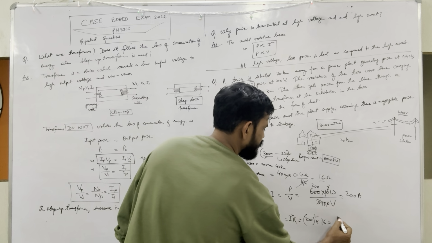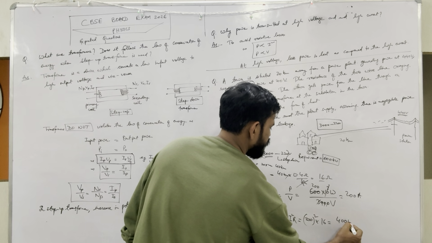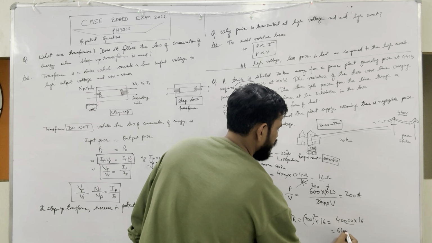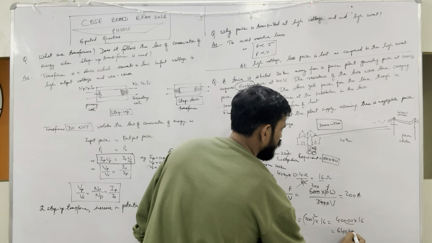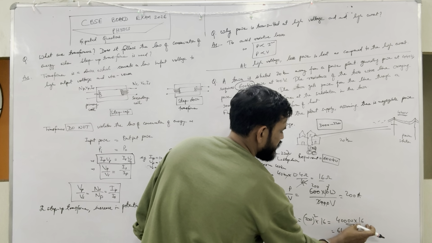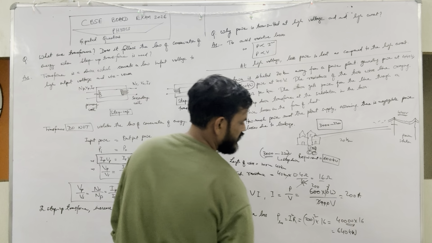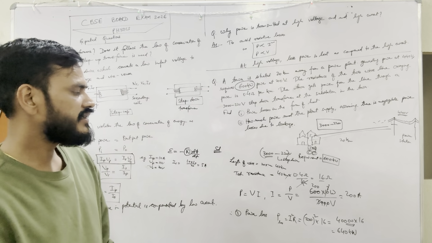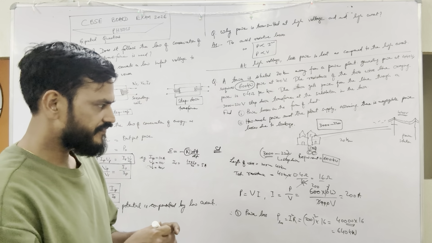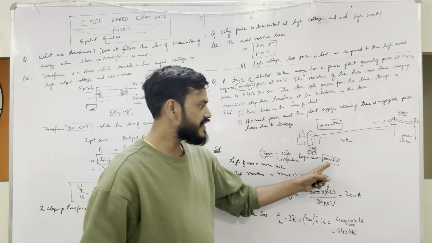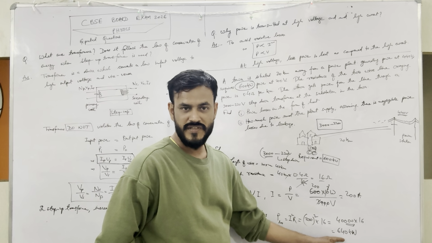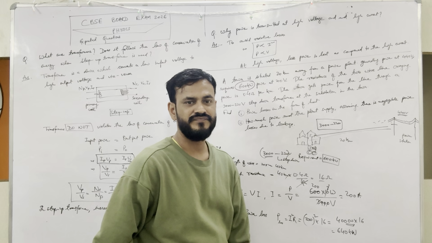So it will be 640 kilowatts, since 16 into 40 is 640, with the 1000 factor for kilo. This is the power which gets lost while delivering. So you see, the town requires 600 kilowatt and more than that is getting lost, wasted. There is huge wastage.